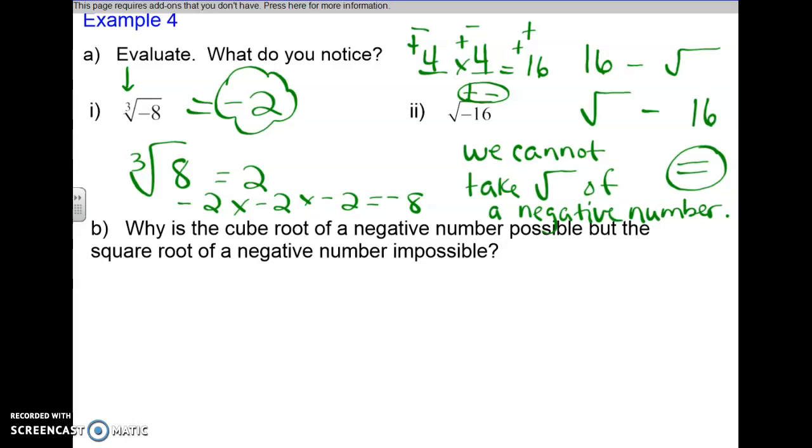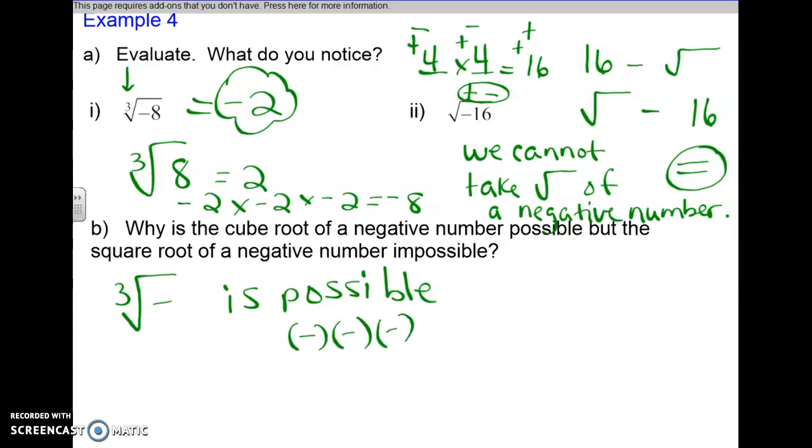Why is the cube root of a negative number possible, but the square root is not possible? Well, let's think about it. The cube root of a negative number is possible, like the cube root of -8 we just did. And if I look at the cube root of -8, I had -2. -2 got multiplied 3 times. So if I'm looking for the cube root of a negative, I have 3 negative factors.